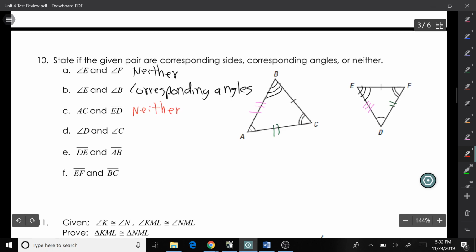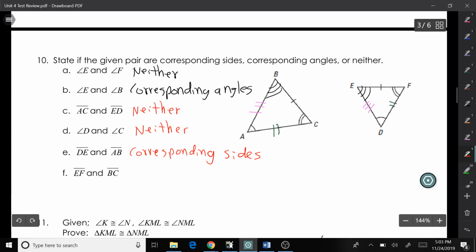Angle D and angle C. Angle C has 2 angle markings, angle D only has 1, so that's neither. Side DE and side AB. AB has 3 markings, and so does DE. So these are corresponding sides.